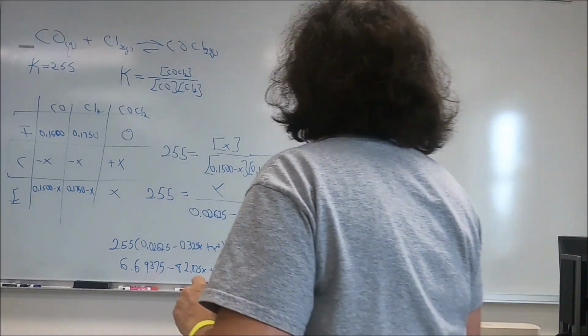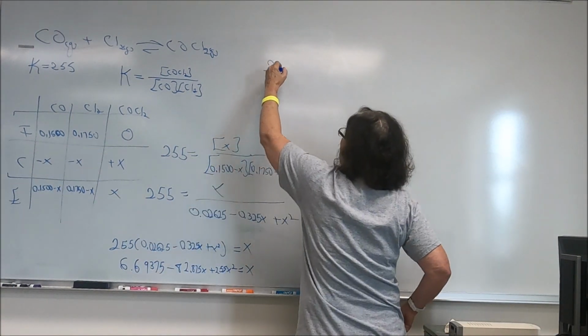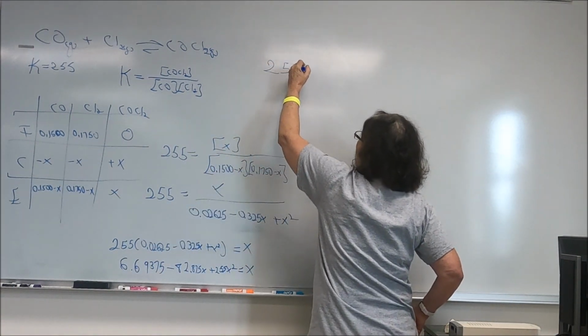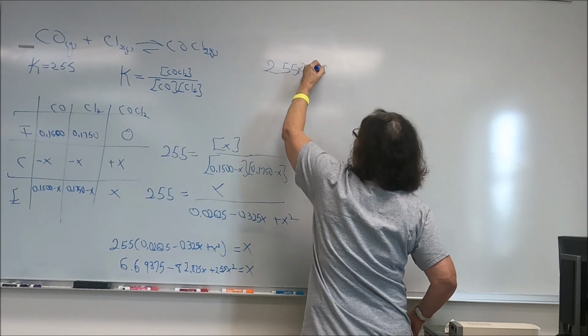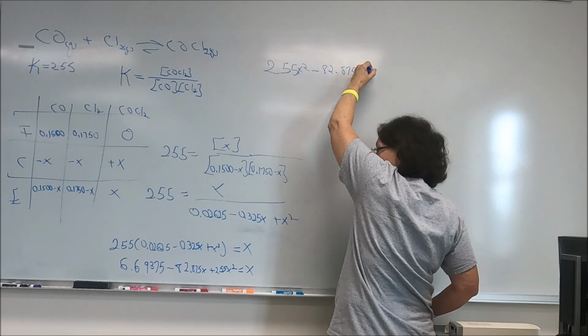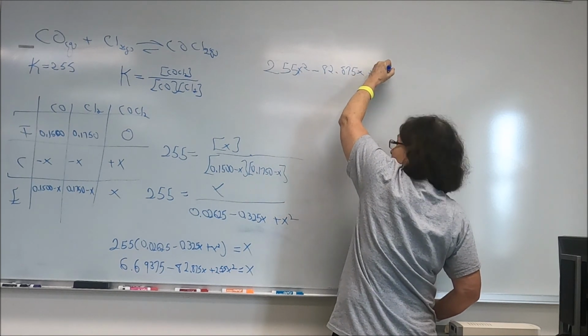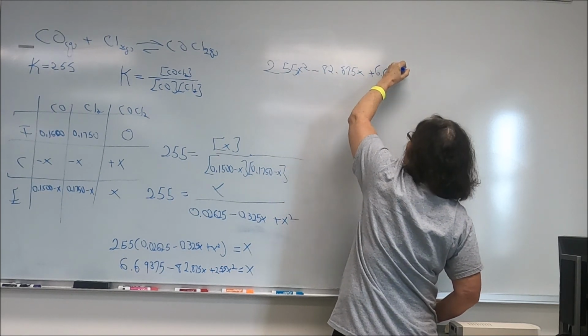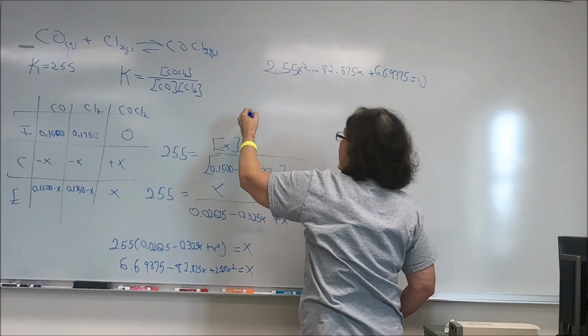Now, what that means is I've got 255x squared minus 82.875x plus 6.69375 equals 0.